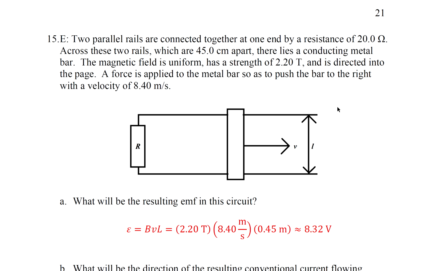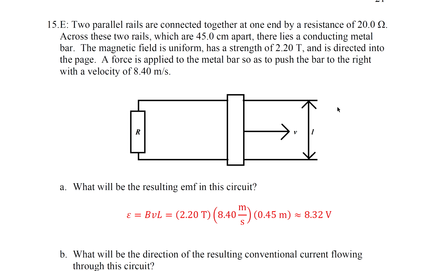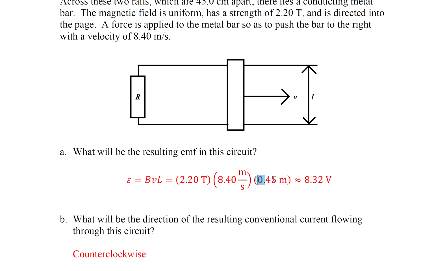A force is applied to the metal bar so as to push the bar to the right with a velocity of 8.40 meters per second. What will be the resulting EMF in this current? So we're going to use the equation BVL. We were given B, we were given V, and we were given L. And I converted centimeters to meters.